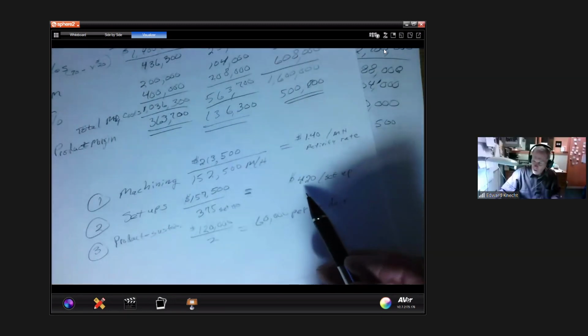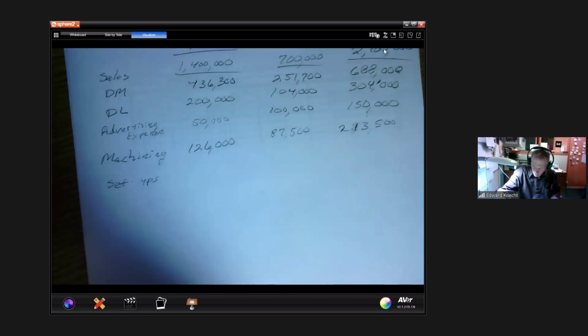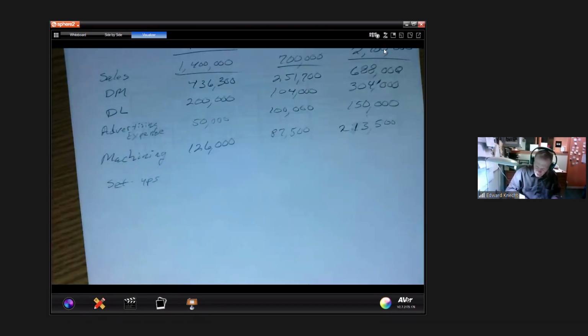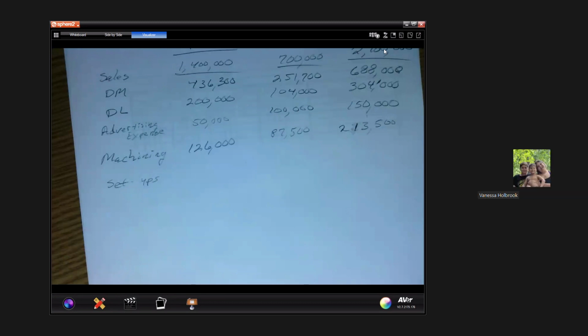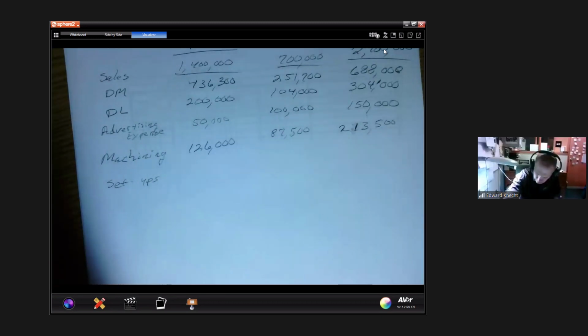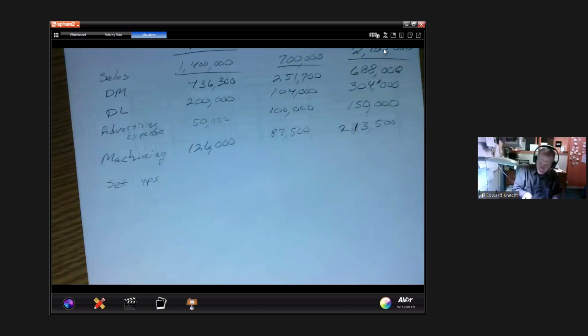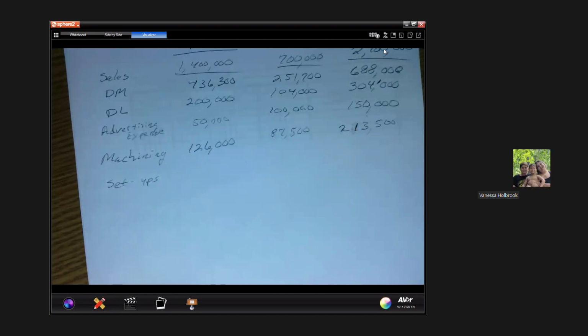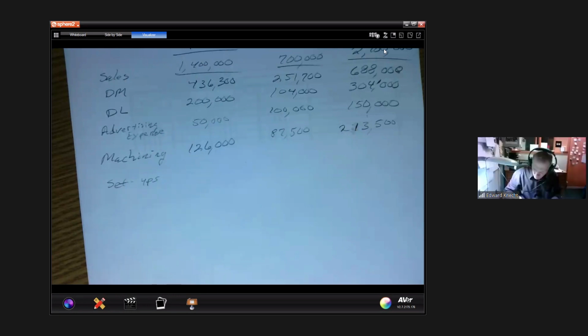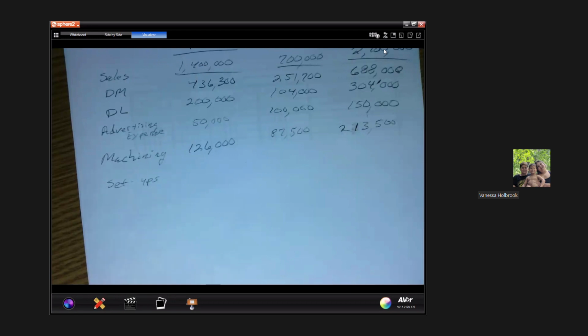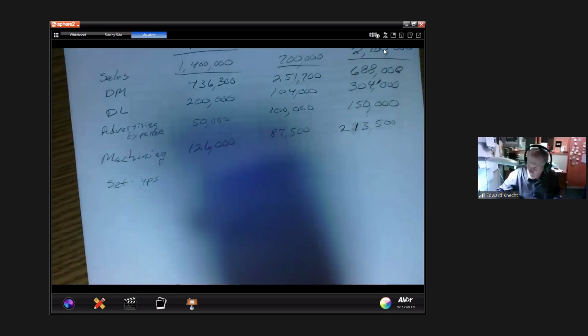It's $420 for each setup. So for B300, you have to take the number of setups, 75, times the activity rate that we calculated. What does that give you? 31,500. That's right.